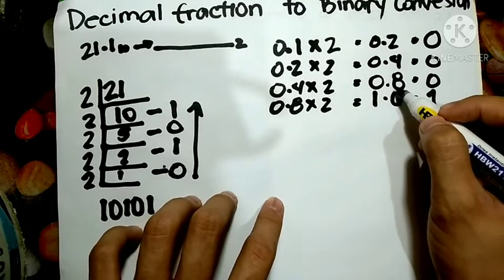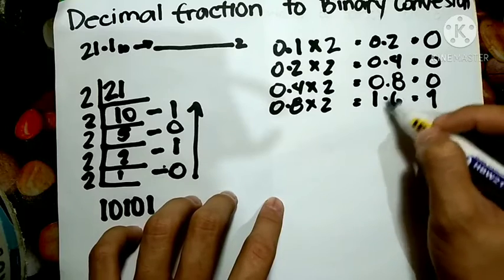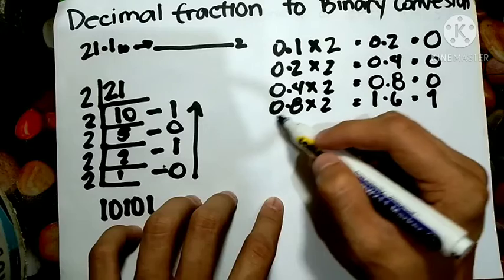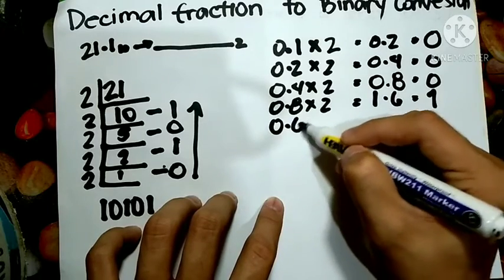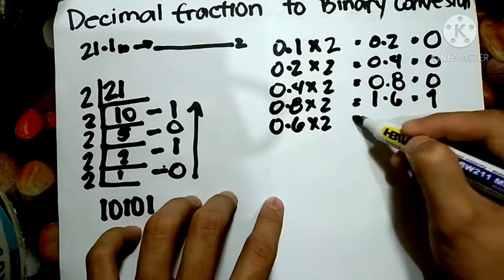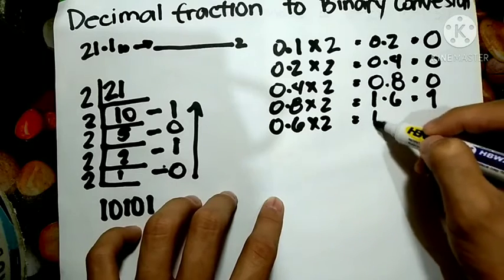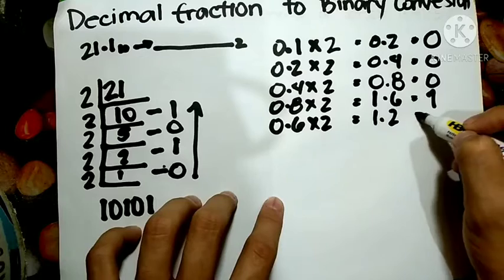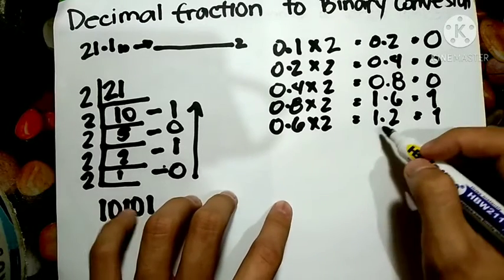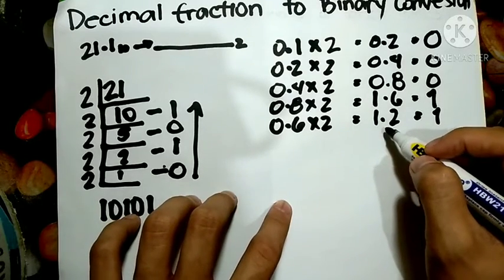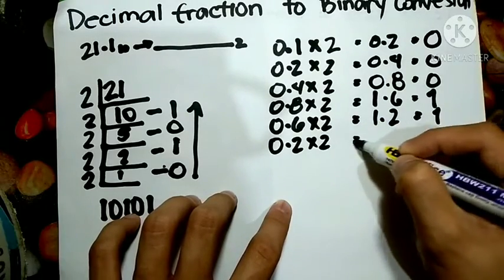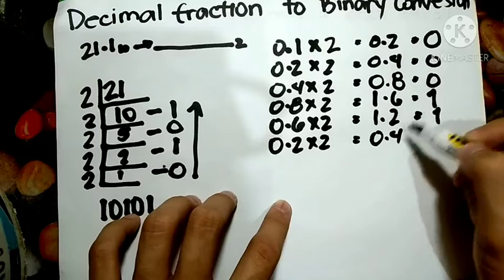And we will only multiply its decimal by 2, not the whole 1.6. So 0.6 times 2 is equal to 1.2. Then let's write again the whole number, 1. Then 0.2 times 2 is equal to 0.4.